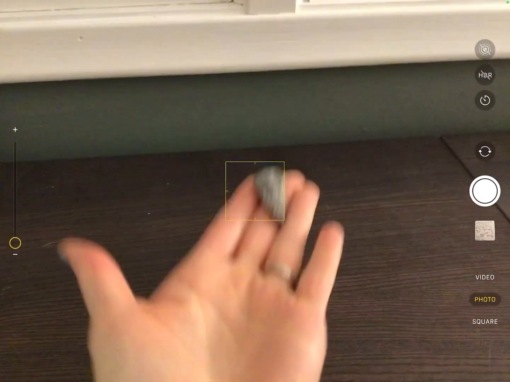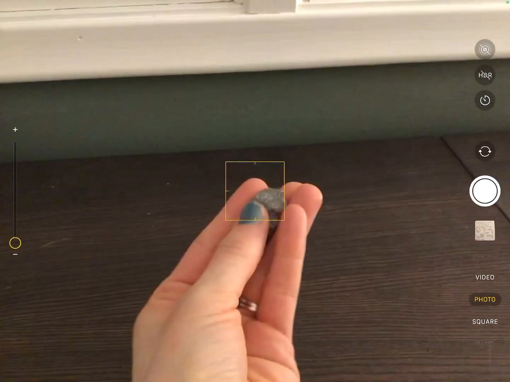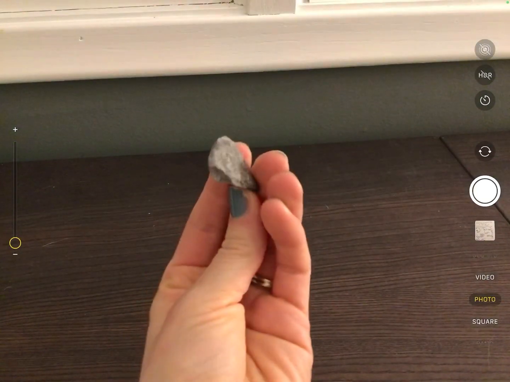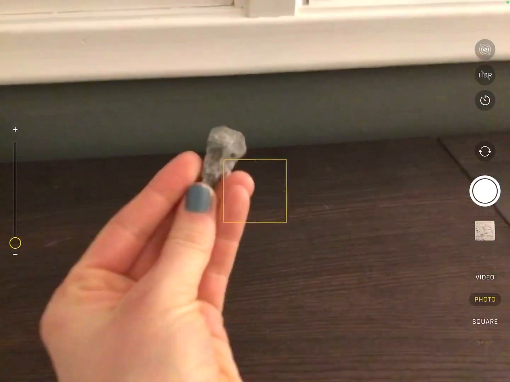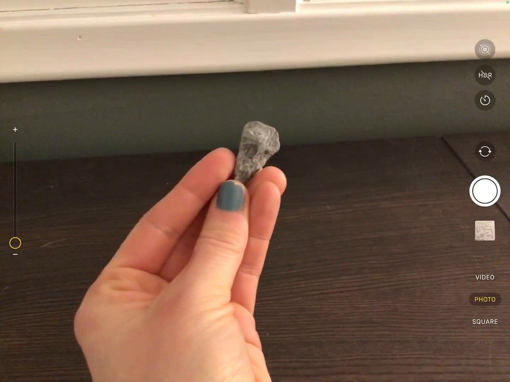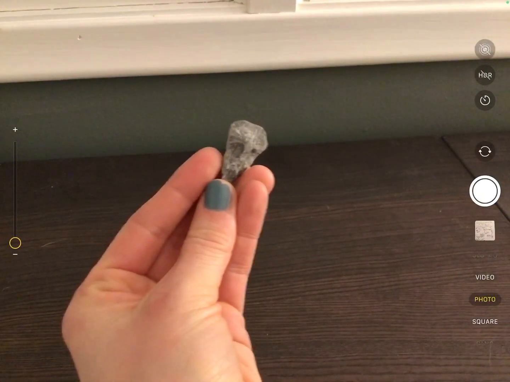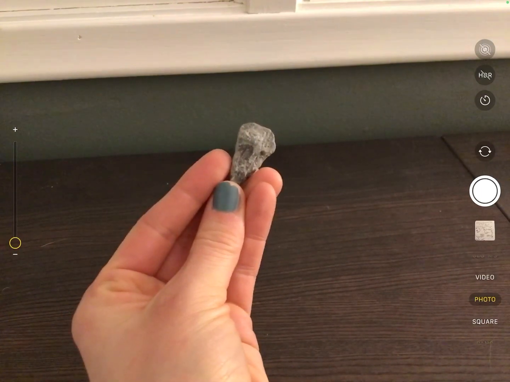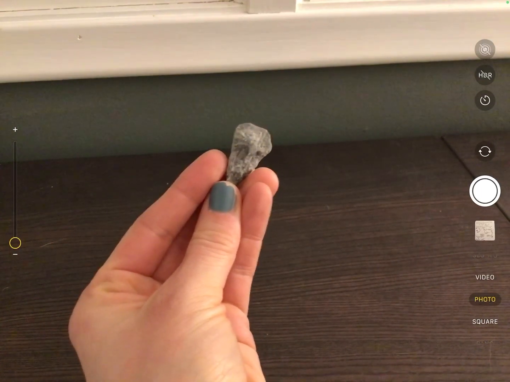Notice how heavy it is, if it's scratchy or smooth, if it's all one color or if it has many colors. All of these things are characteristics of the rock that we are going to look at when making observations before vinegar.